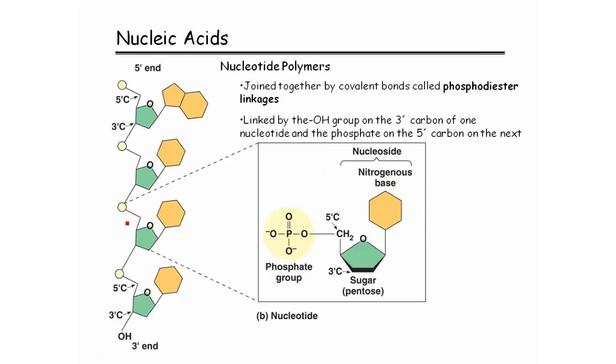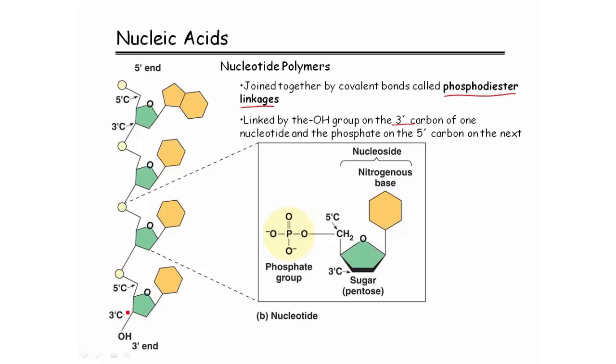The nucleic acids will be constructed by hooking together the nucleotides. These nucleotides will be joined together with linkages called phosphodiester linkages. And when the phosphodiester linkage is formed, we're basically taking the 3' carbon of one and we're hooking it to the 5' carbon of the next.